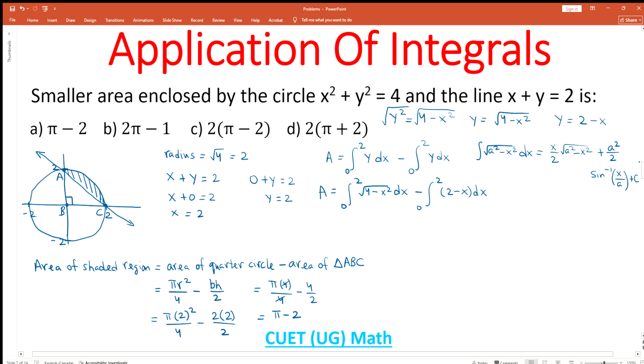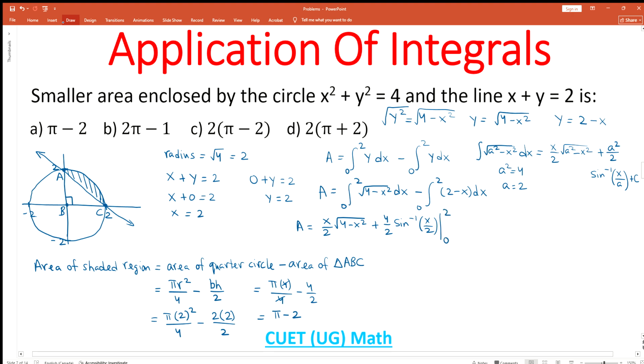In our expression square root of 4 minus x squared, a squared is equal to 4. So a is equal to 2. So the definite integral is x over 2 times square root of 4 minus x squared plus 4 over 2 sine inverse x over 2 with the bounds 0 to 2.